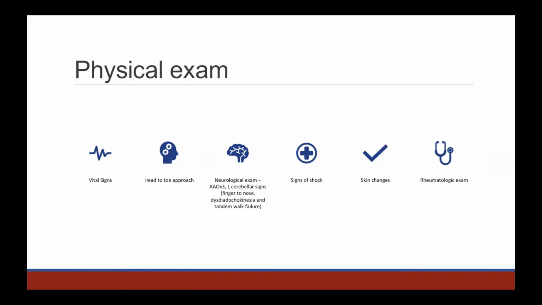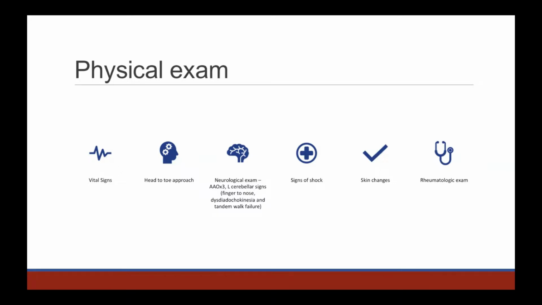We already know that the patient is having some neurological symptoms. She is alert and oriented, but is having some cerebellar symptoms with discrepancy in her finger to nose, dysdiadochokinesia, and also tandem gait walk.